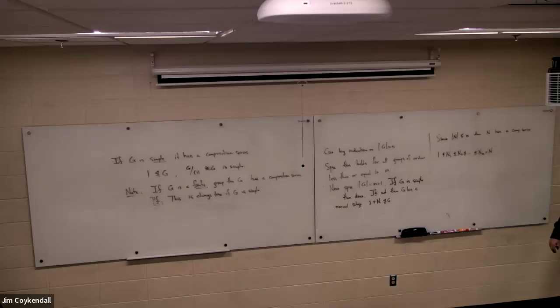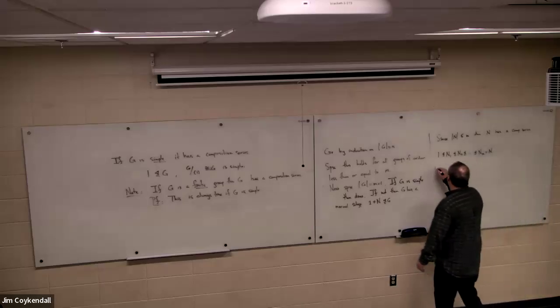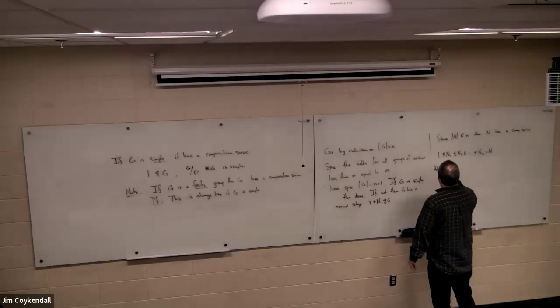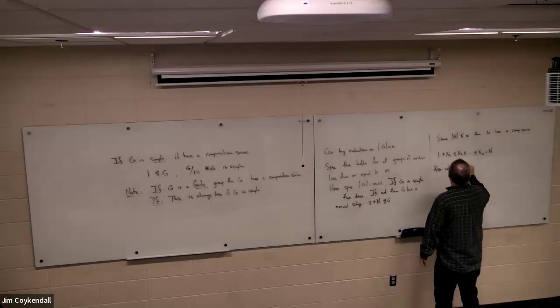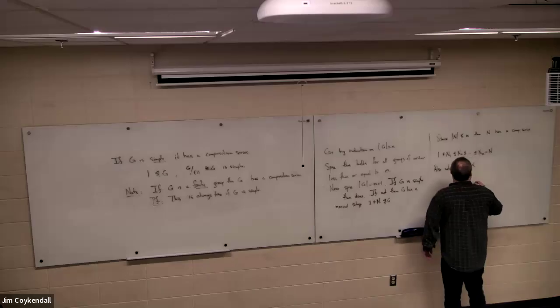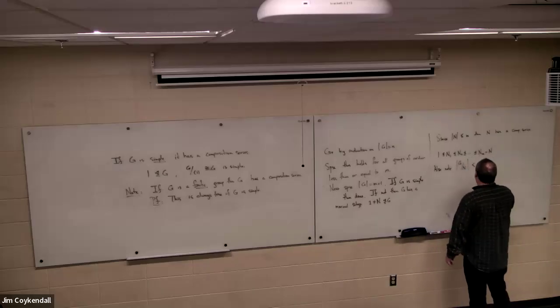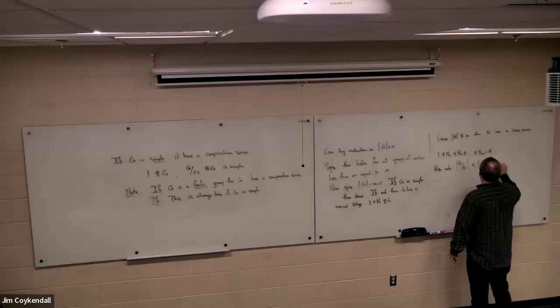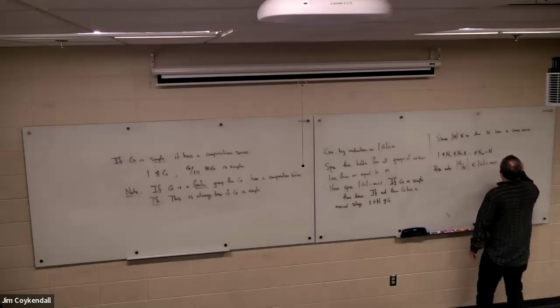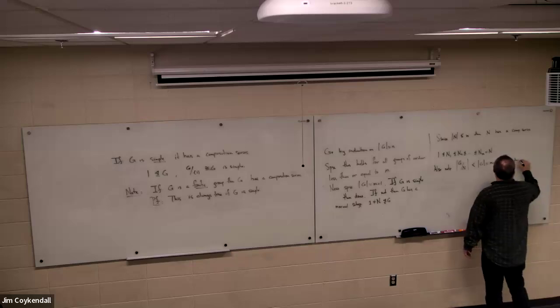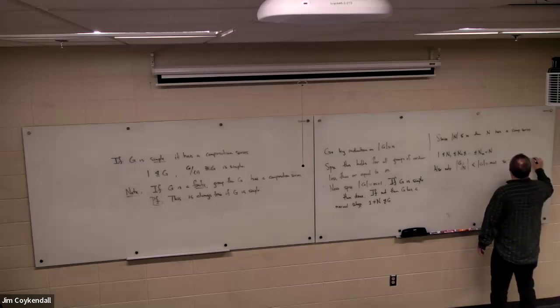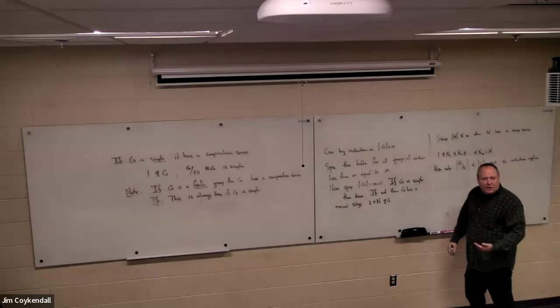I think the third isomorphism theorem might come in handy. Also note that the order of G mod N is less than the order of G, so induction applies as well. So G mod N has a composition series.